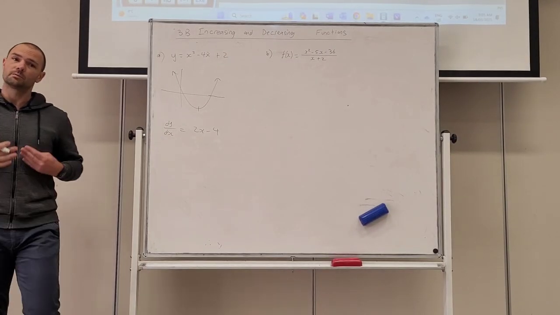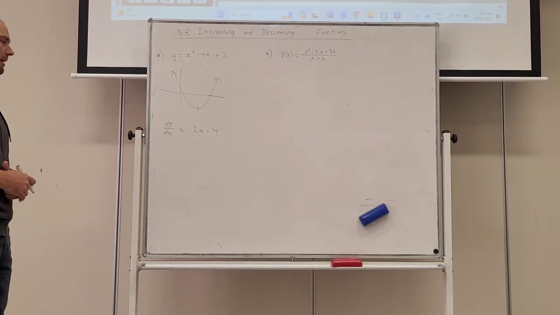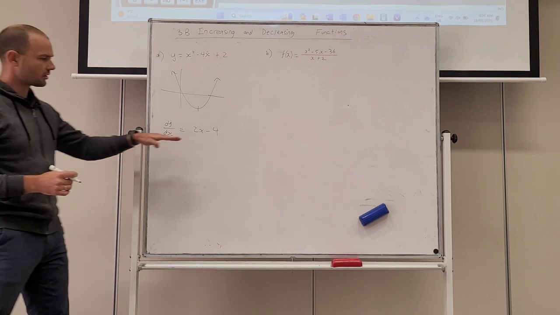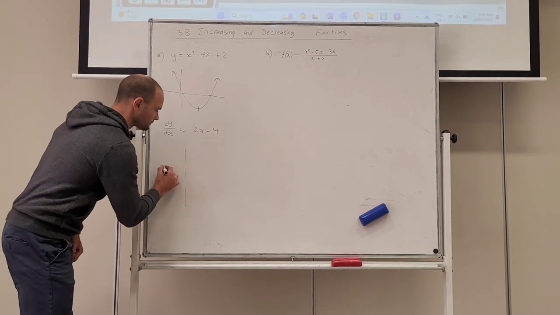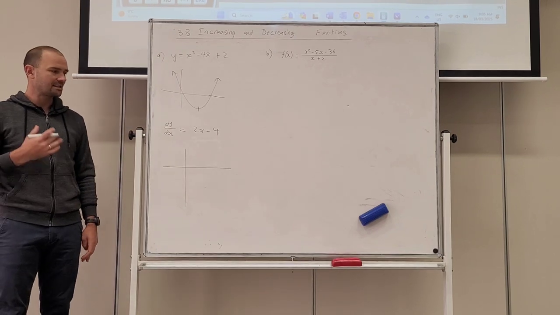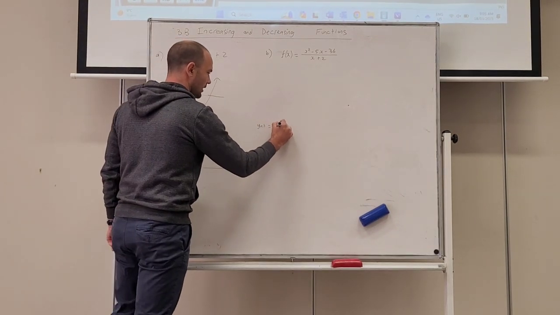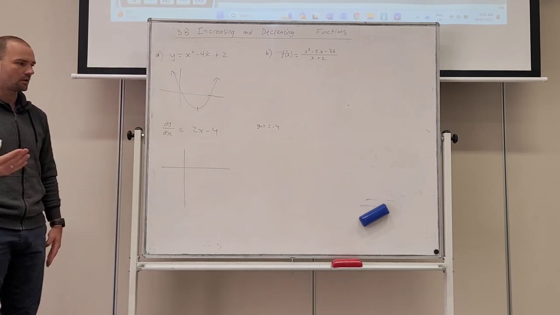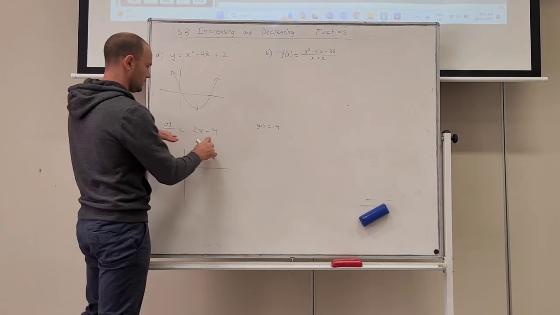Now, what we're going to do is sketch the graph of this line and its sign diagram. If we want to sketch the graph of the equation of a line, we have a y-intercept of -4.